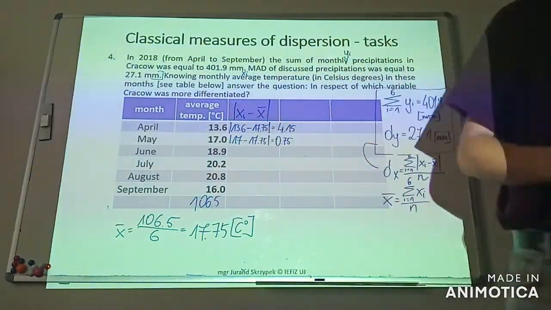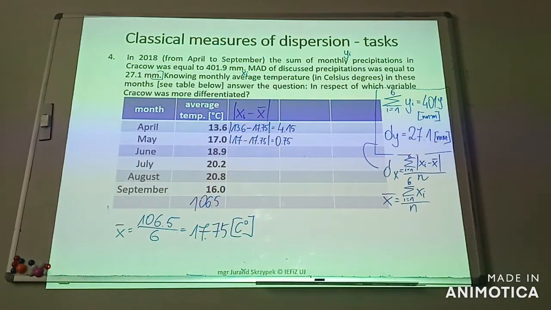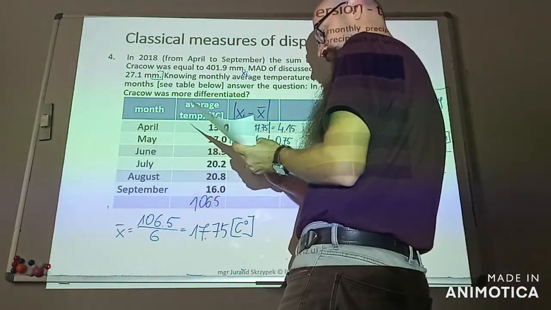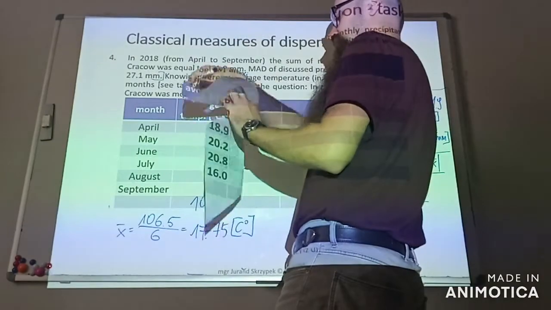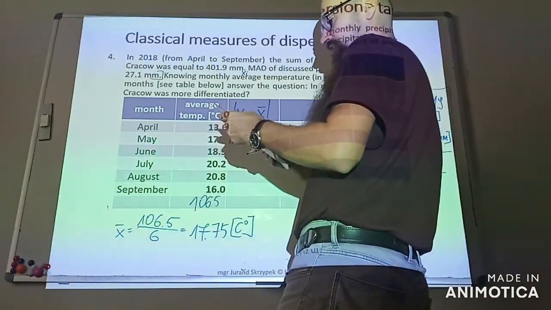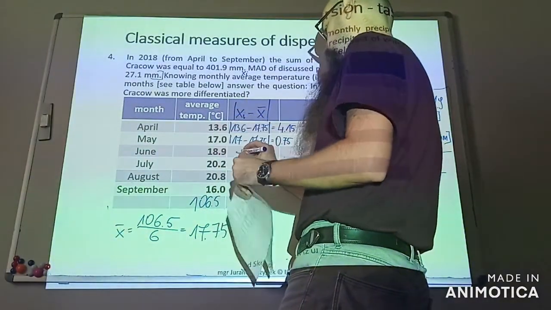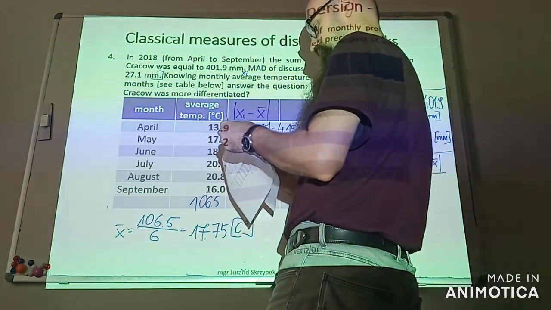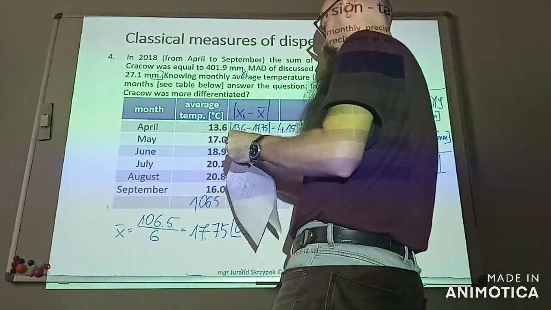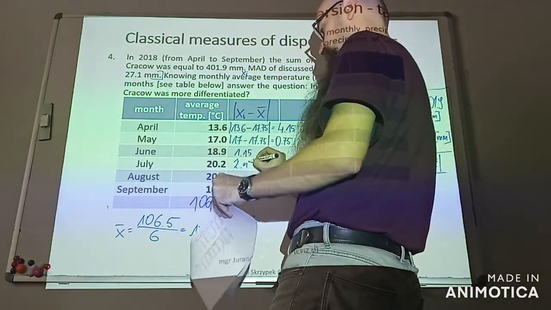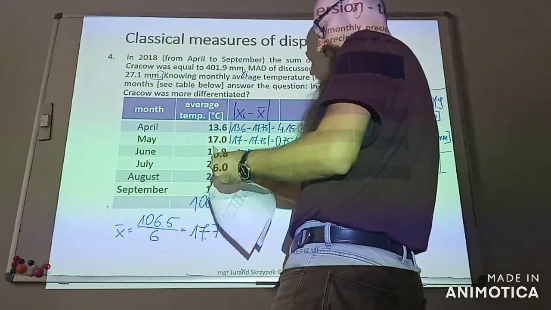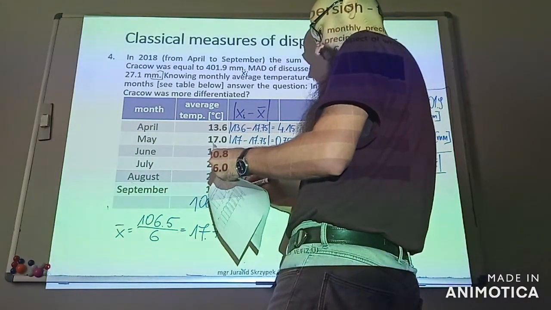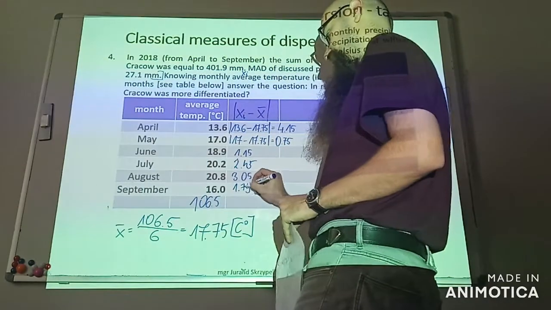And the next values are 1.15, 2.45, 3.05 and 1.75.